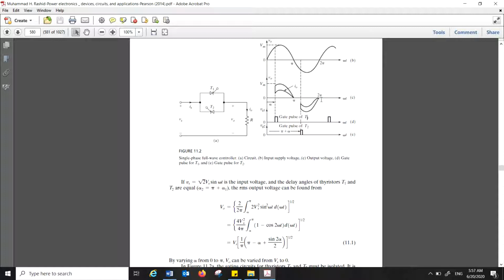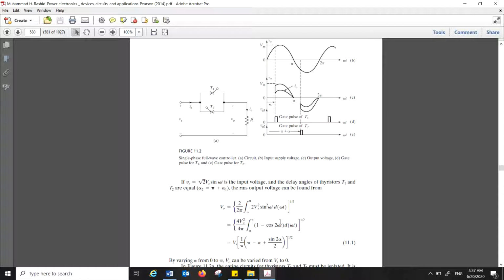In a single cycle we have two of these shapes, so this 2 comes from here; we consider only one shape, apply everything over here, and just multiply it by 2. 1 over 2 pi is the total period. This is the root, this is the mean, and the limits are from alpha to pi.